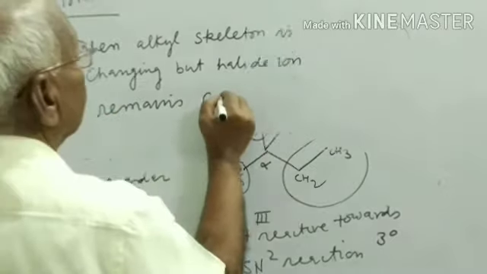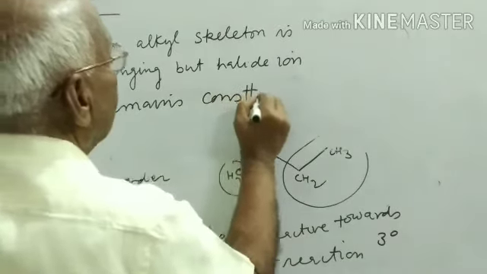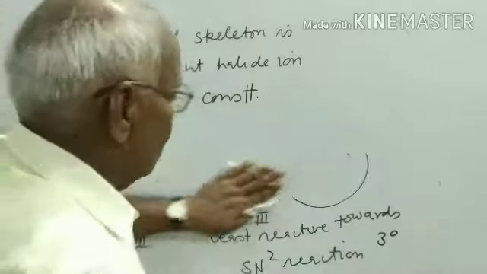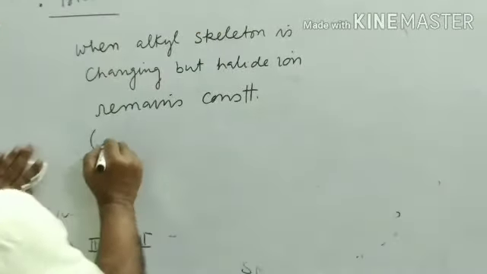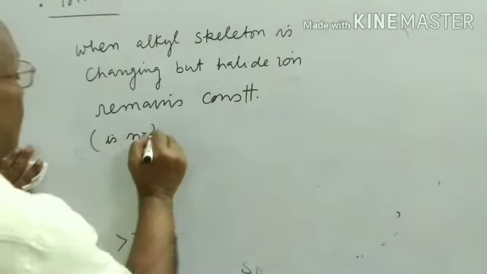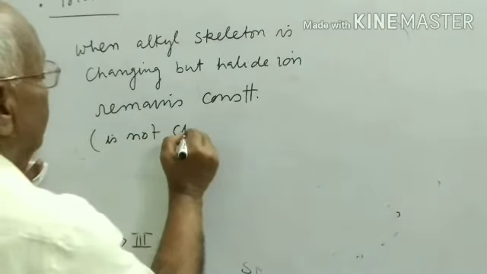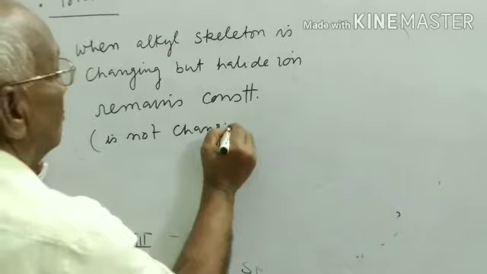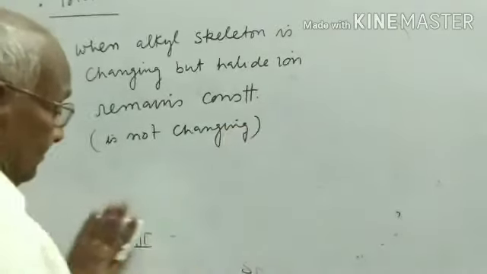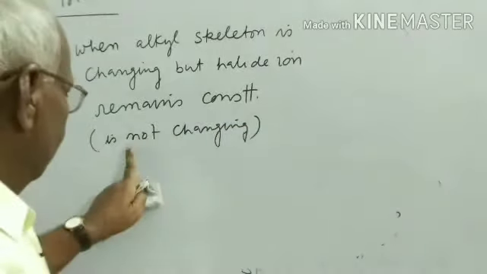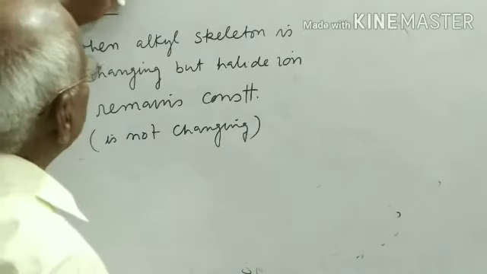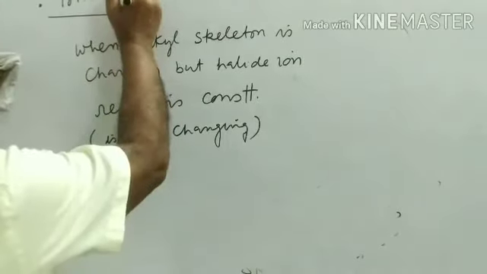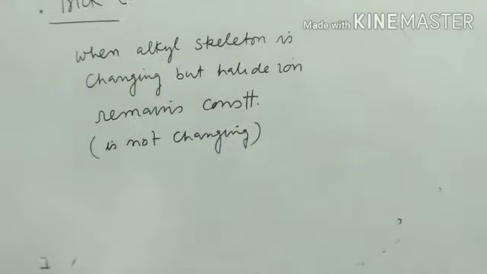Remains constant means not changing. The halide ion is not changing. Don't search for the meaning of constant in the book. Constant means not changing. Now trick C. This was trick B. Now note trick C.